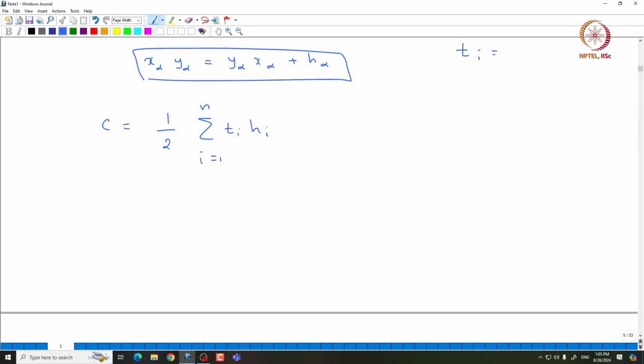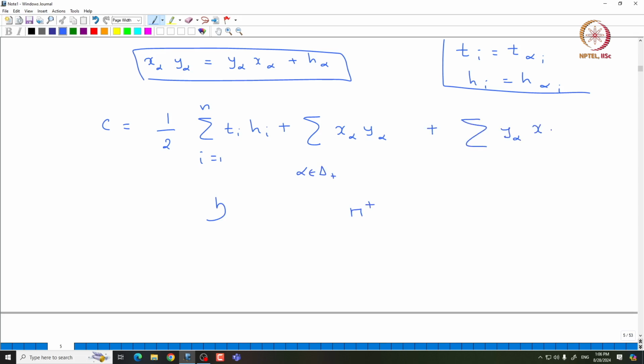Note that t_i is nothing but t_alpha_i and h_i is nothing but h_alpha_i. These were already used previously. So, the first summand is the summation of t_i h_i, and for the second summand we will have the summation of x_alpha y_alpha, alpha in delta plus. So, this corresponds to h, this corresponds to n plus, and then we will have y_alpha x_alpha, alpha in delta plus, this corresponds to n minus.